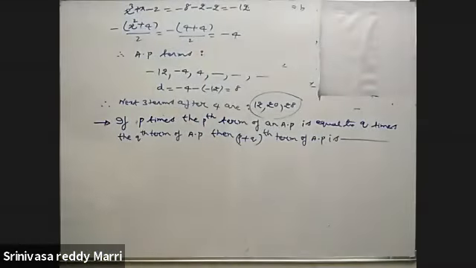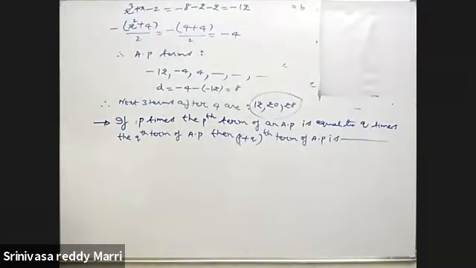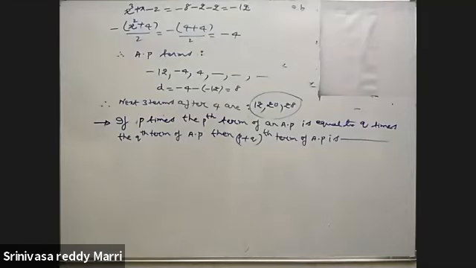Look at, if P times the pth term of an AP is equal to Q times the qth term of the AP.